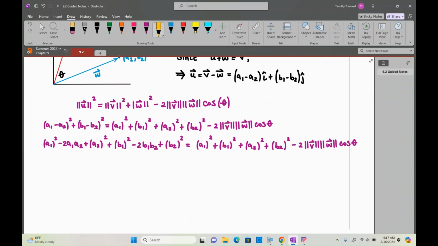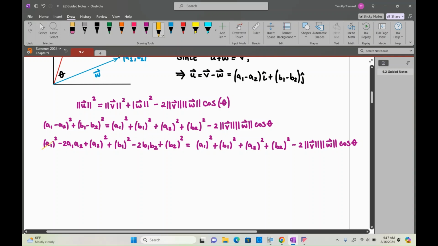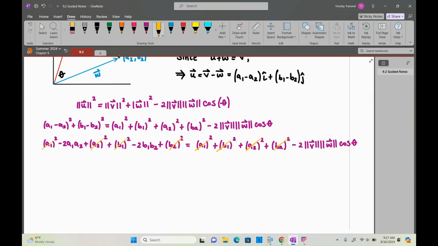Let's see. I'll just use a yellow marker here to write what cancels. So we lose our a1 squareds. If we subtract a2 squared on each side, we'll lose those. The b1 squareds, the b2 squareds. And you'll notice also that everything that's left has a -2 attached to it.